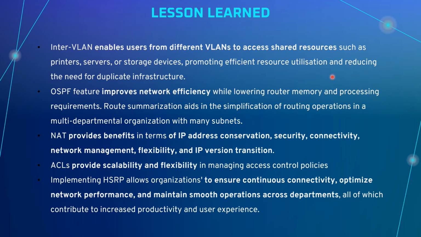It means that they don't need to provide the same infrastructure, even though people in different VLAN they can access the infrastructure. Next one, OSPF feature improve network efficiency while lowering router memory and processing requirement.